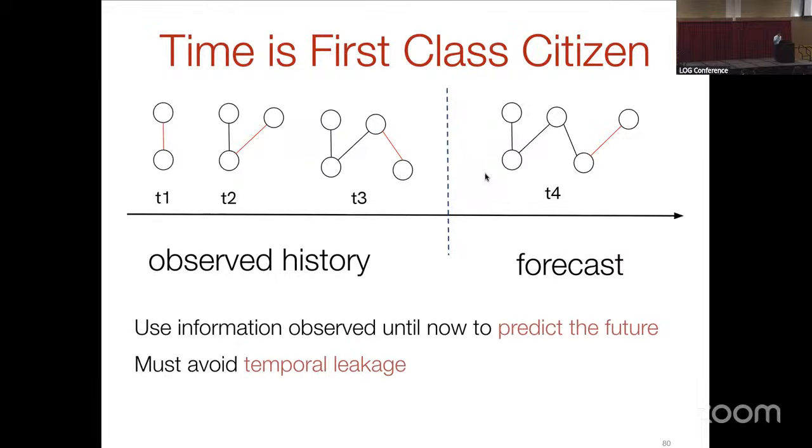In a tabular setting, think of that as everything you store in your database until today. As time goes on, there will be more things registered into your database, but what you have right now is the information until today. How do we leverage this information to forecast what will happen in the future, right? And the key thing here is you also want to avoid any temporal leakage.